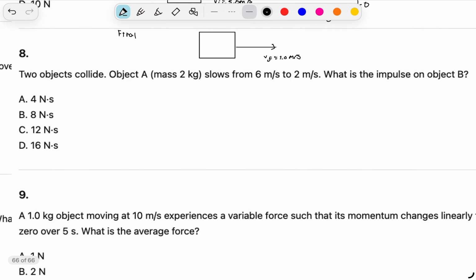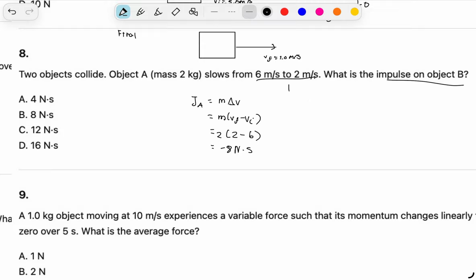Two objects collide. Object A, mass 2 kilograms, slows from 6 meters per second to 2 meters per second. What's the impulse on object B? So we can find the impulse on each object. Object A is m delta v. So m times v final minus v initial, which is a mass of 2 times 2 minus 6, which is equal to negative 8 newtons times seconds.